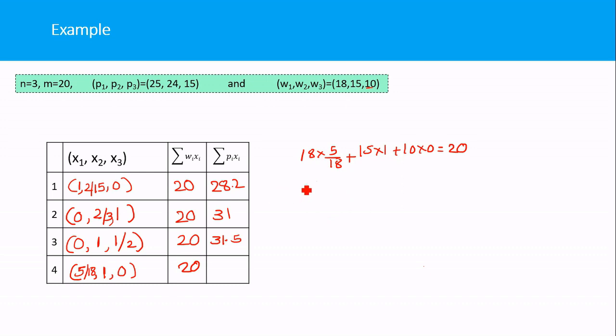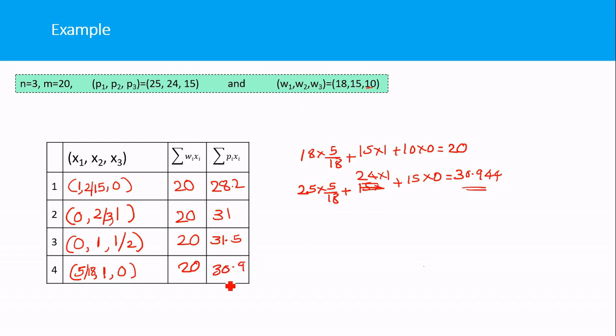Now the profit will be 25 into 5 by 18 plus 24, the profit of the second item, into 1, plus 15 into 0, which will be 30.944. So let us write it as 30.9.